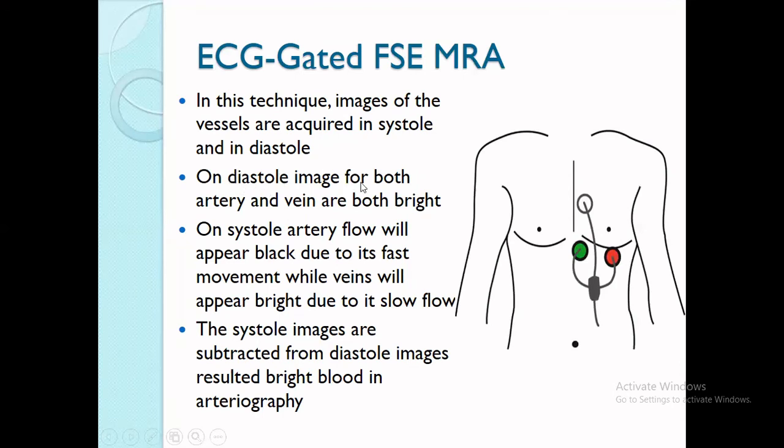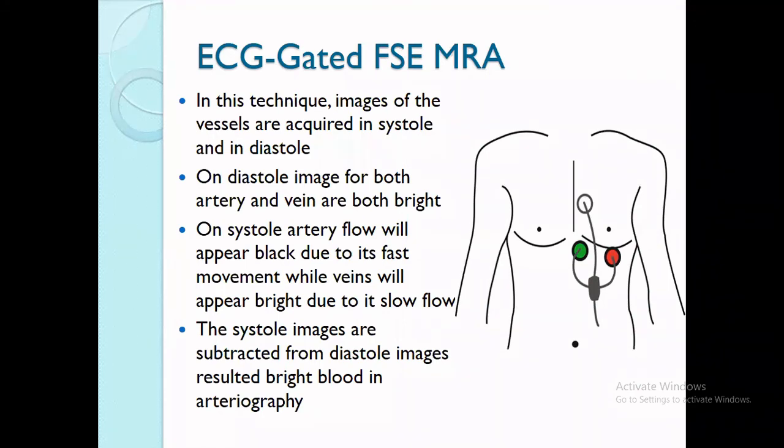If I'm giving you an example of a particular artery or vein, in the diastole, both in the arteries as well as in the vein, they will appear bright. But in the systole, the flow will appear black, because in the systole, the blood is moving fast. If the blood is moving fast, the protons and the spins are moving fast. In that case, it will appear darker.